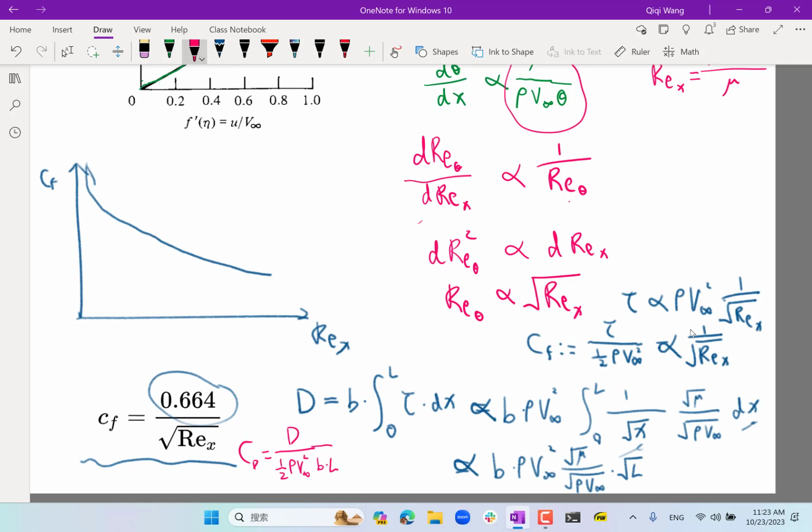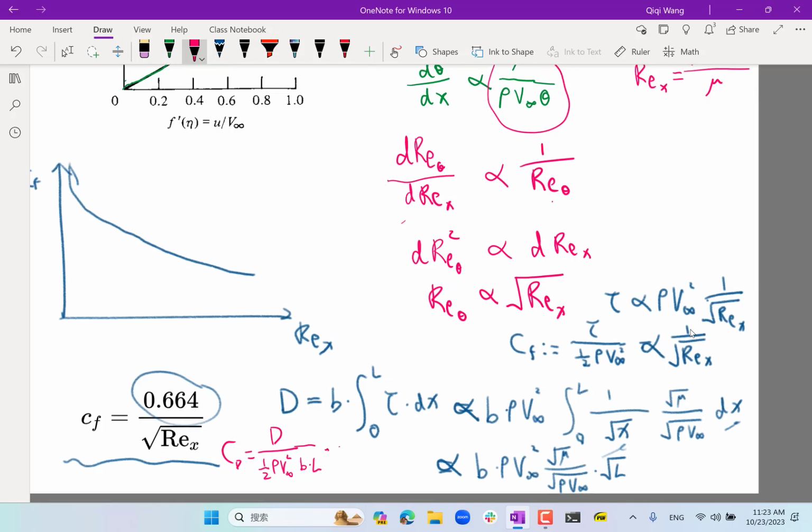If we plug the drag into this equation, we see that b cancels out, rho v infinity cancels out, and the L cancels out partly. What you get is proportional to the square root of mu divided by rho v infinity L, which is equal to 1 over the square root of Re_L.